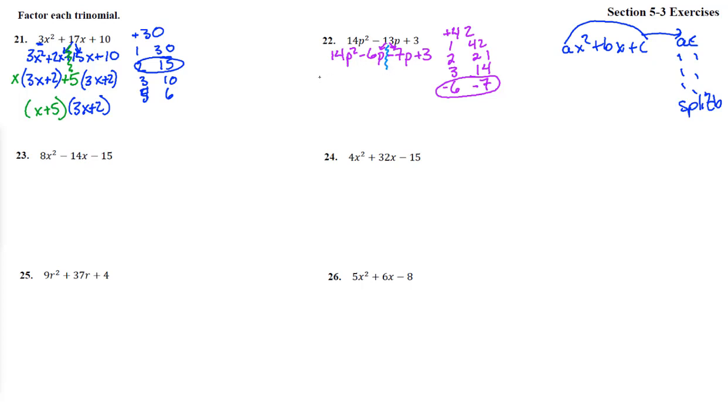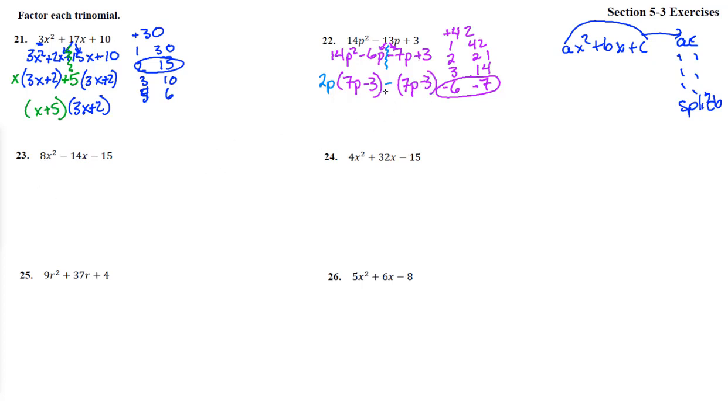What can we pull out of the first two? Looks like we can pull out a 2p, and we're left with 7p minus 3. Is that right? 7p minus 3. All right. And then what do we pull out of the next two? At least that minus sign, and we're left with a positive 7p and a minus 3.